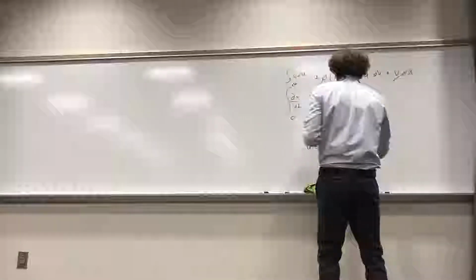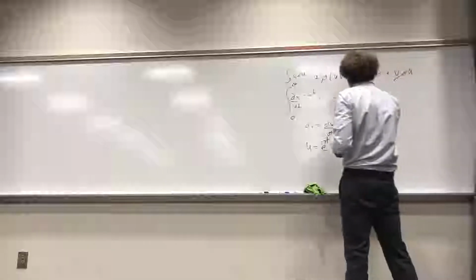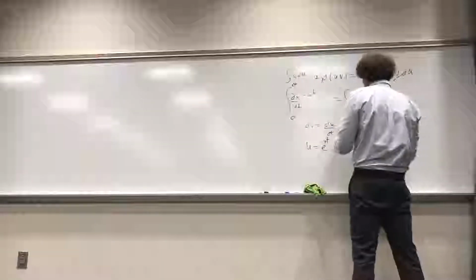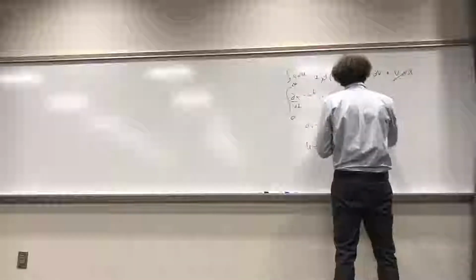So when I do this one, now I'm going to get the differential of uv integrated. Well, u times v is just going to be x of t, right? It's the differential, actually, yes.